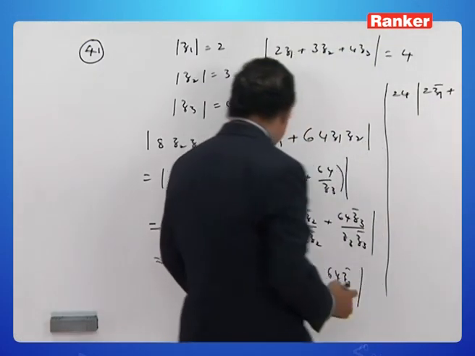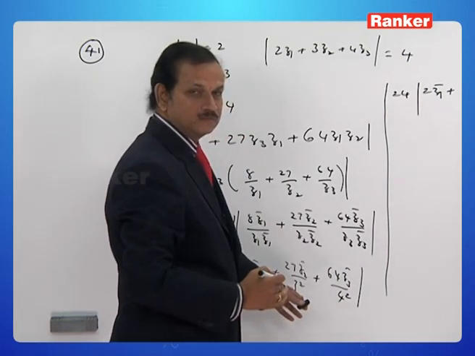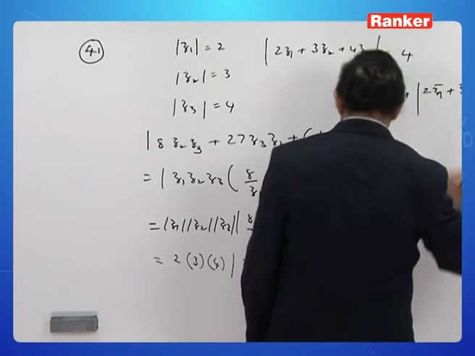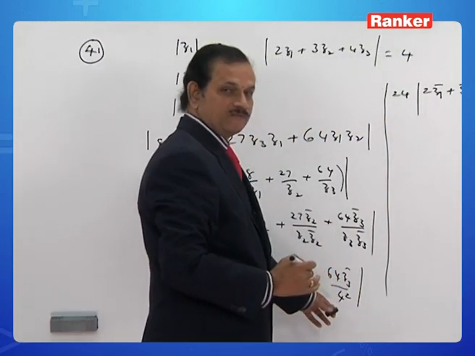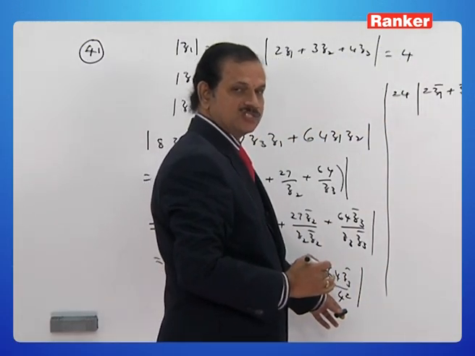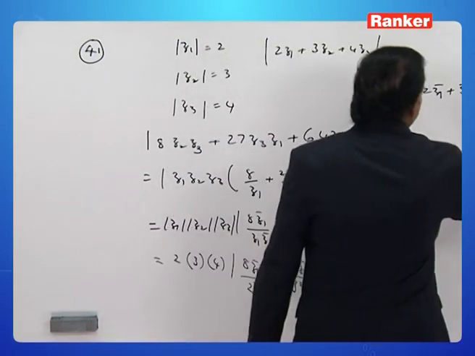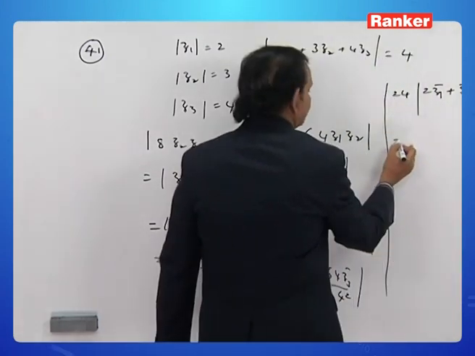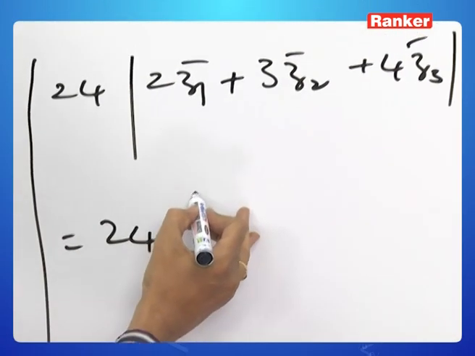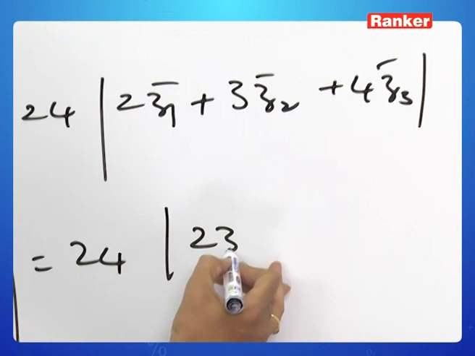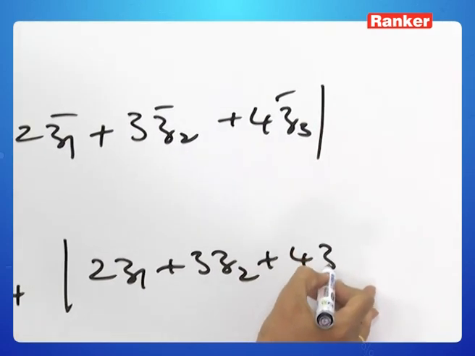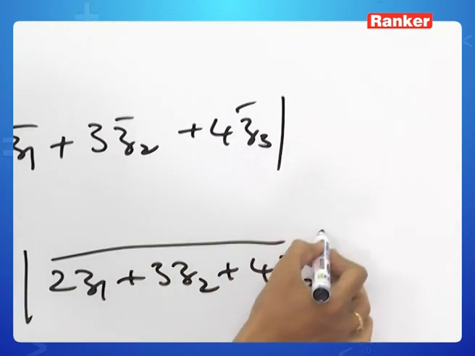Again 27 by 9, 3 Z2 bar. 64 by 16, since 4 square is 16, 64 by 16 is 4. It is 4 Z3 bar. This is equal to 24 into modulus of 2Z1 plus 3Z2 plus 4Z3 bar.